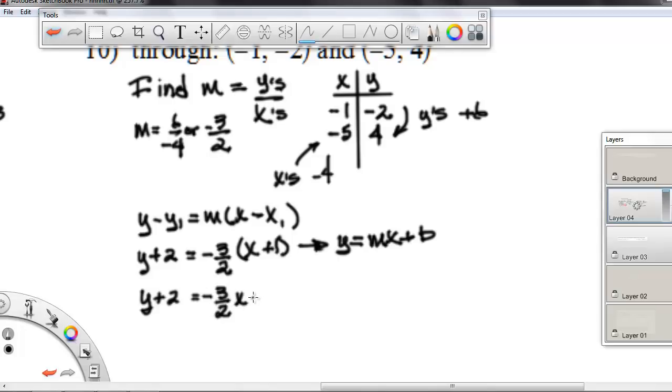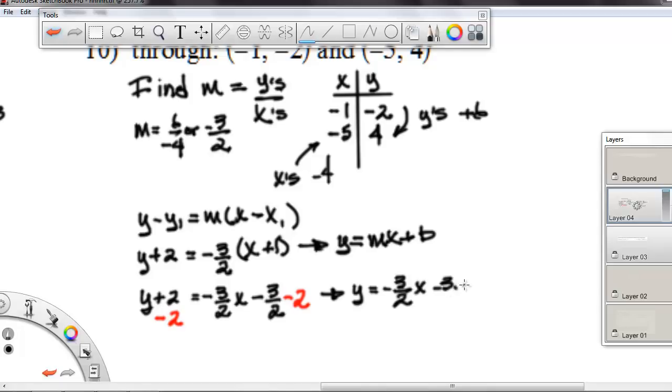And then a negative 3 halves times 1 will give me a negative 3 halves. Now I will subtract 2 from each side to get the y by itself. 2 subtract a negative 2 will give me 0. And then a negative 3 halves x.